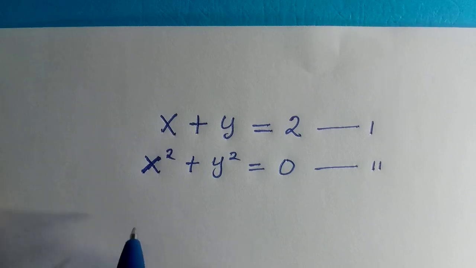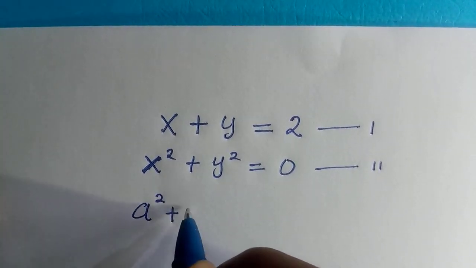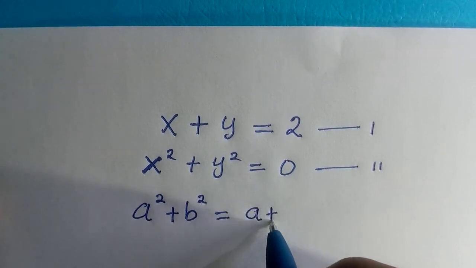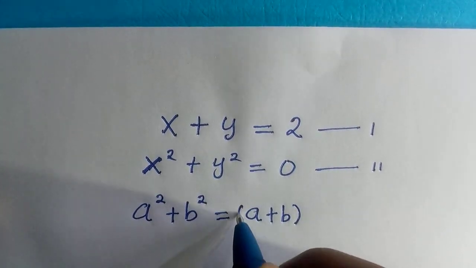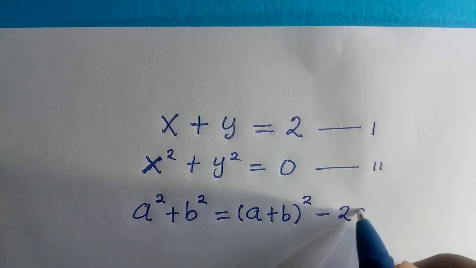And suppose we have a squared plus b squared. This is equals to a plus b all squared minus 2ab.